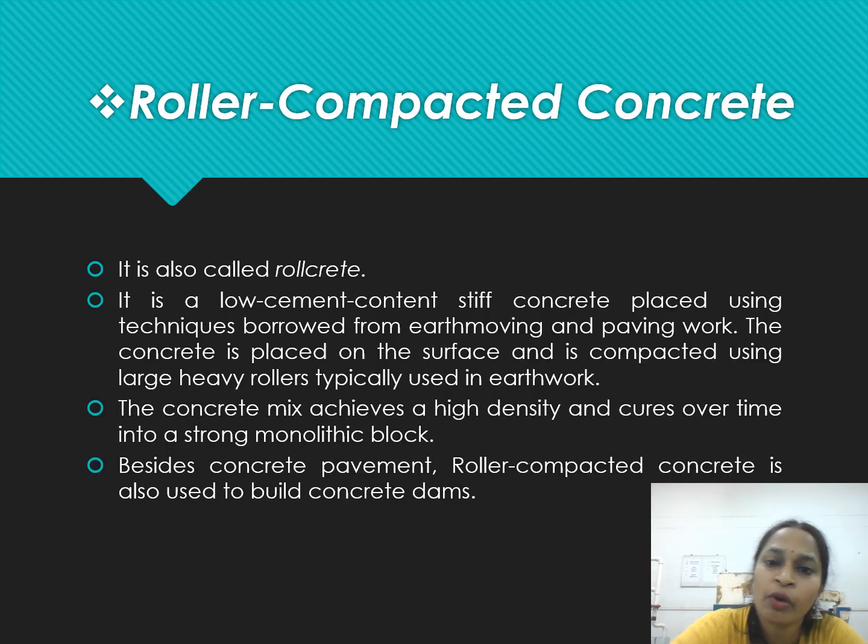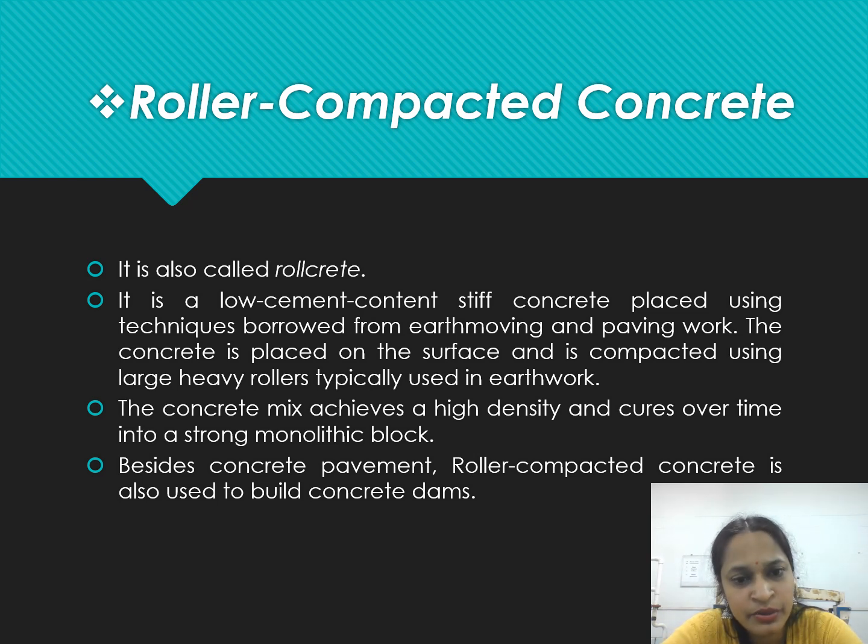Coming to roller compacted concrete, this is also called as rollcrete. It is a low cement content stiff concrete placed using techniques borrowed from earth moving and paving work. The concrete is placed on the surface and is compacted using large heavy rollers, typically used in earthwork. We have seen rollers and all, right?